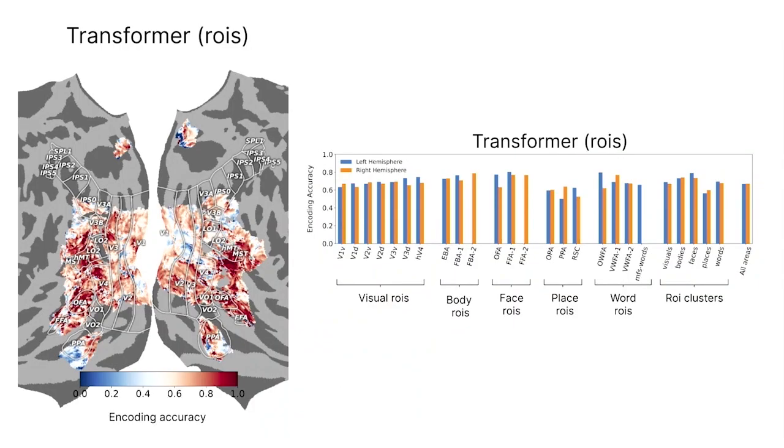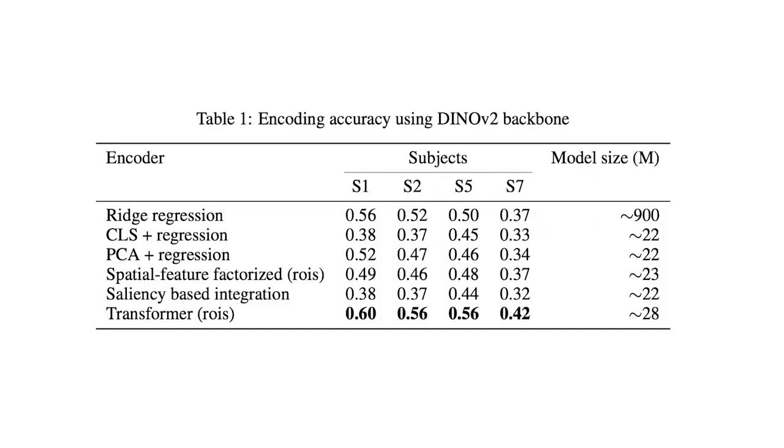So this is just showing the overall performance of the model across different visual, body, face, place, and word regions of interest that we have. The model performs well. When we compare this model with all the other models that are out there, our model has a fraction of the parameters of a ridge regression model, as you can imagine, because the ridge regression would have to flatten that entire representation and learn a linear mapping.